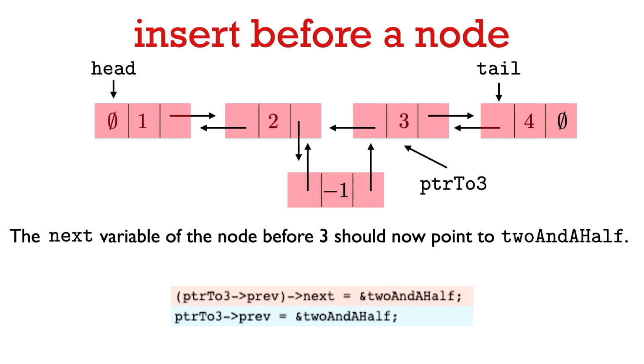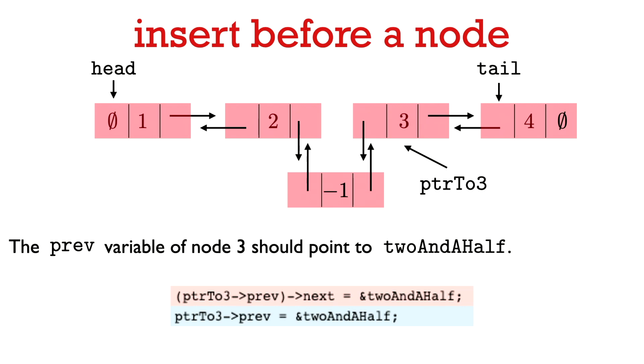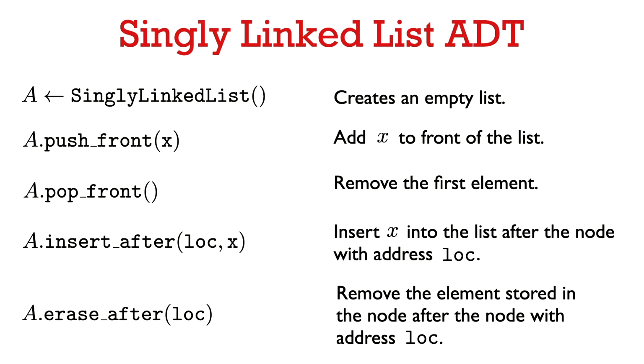So now we have the picture like this. And finally, we update the previous variable of the third node to point to our new node called 2.5. So now we've successfully updated our list. And again, in this whole procedure, we just have to update a constant number of pointers, so it takes constant time.